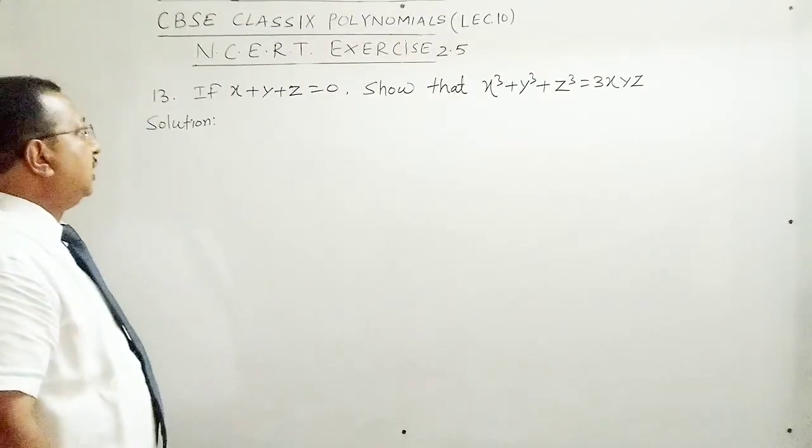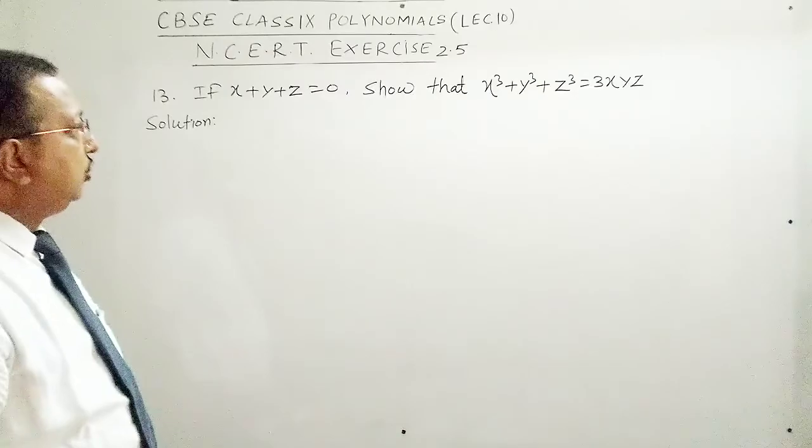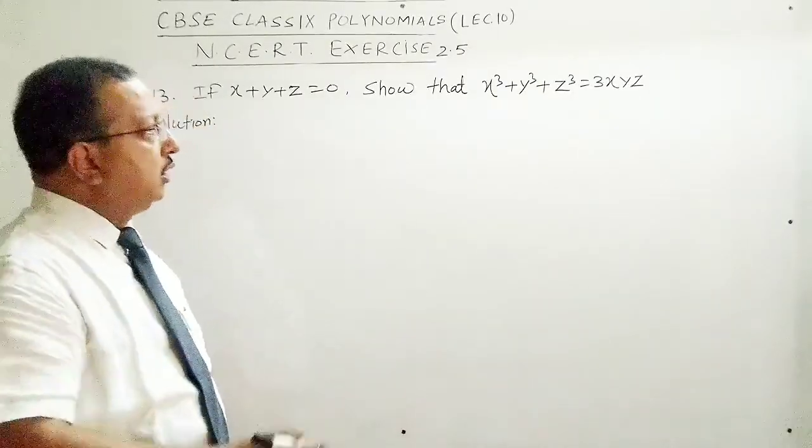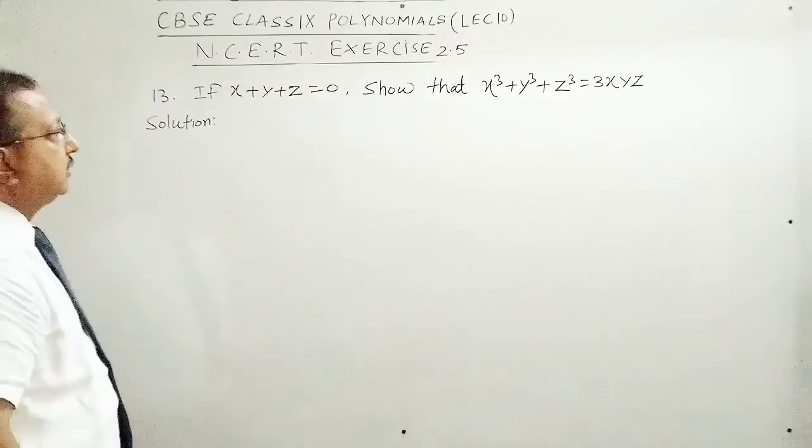Now question number 13. If x plus y plus z equals 0, show that x cube plus y cube plus z cube equals 3xyz.